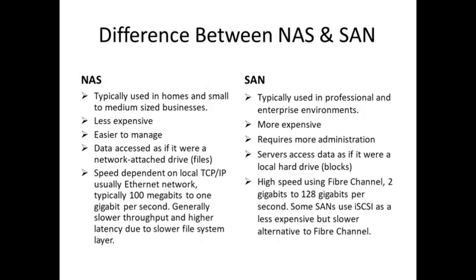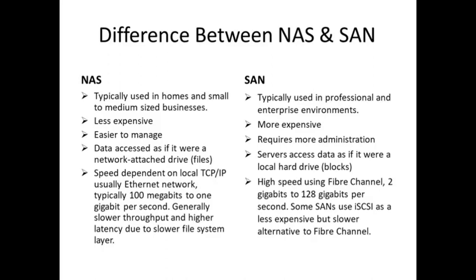So we will just quickly look into the differences between NAS and SAN. NAS typically used in homes and small to medium sized business. SAN typically used in professional and enterprise environments. NAS less expensive, SAN more expensive. NAS is easier to manage, SAN requires more administration.